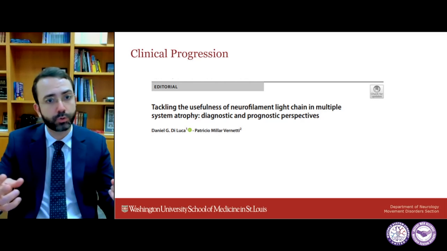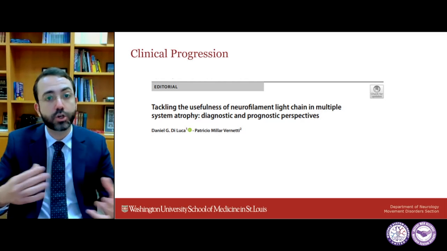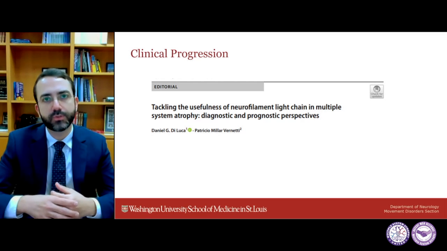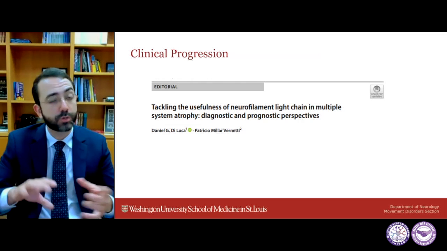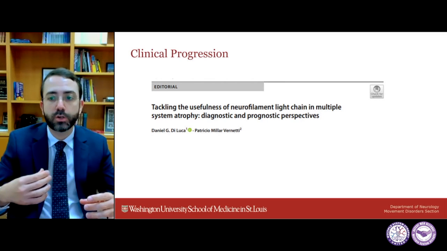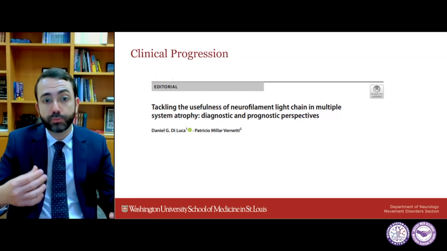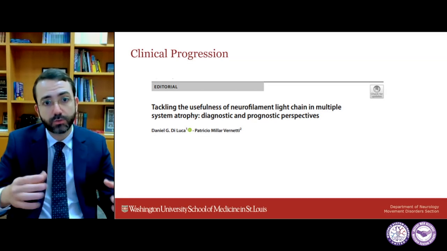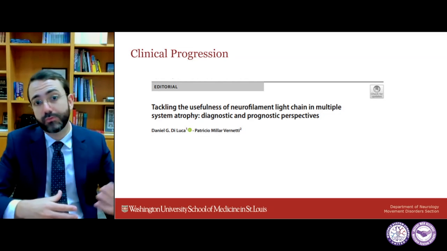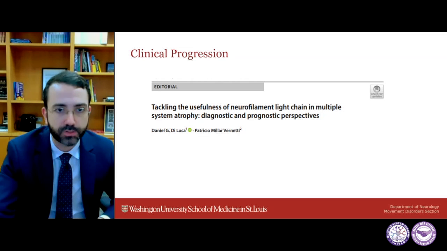We have two very good groups with two very good studies with results that are not in agreement. Plus, we also discussed some of the challenges of using neurofilament, which I'm going to discuss in more details later on, but the contribution of other neurological disorders and the contribution of peripheral neuropathy and other forms of axonal injury to higher levels of neurofilament light chain, and how that can contribute to some of the changes seen in those studies.